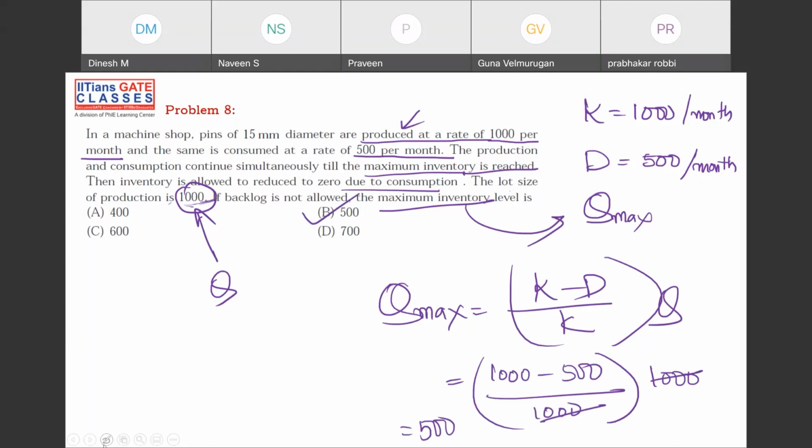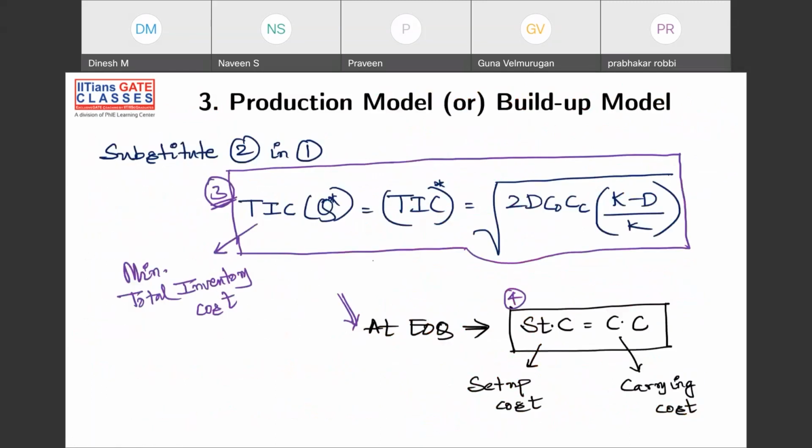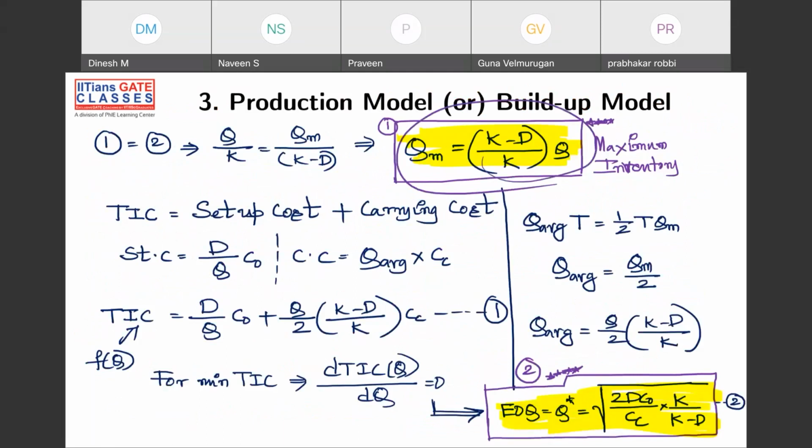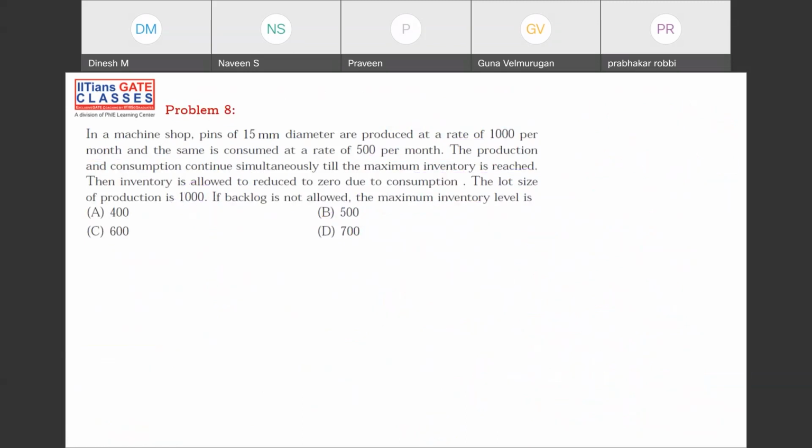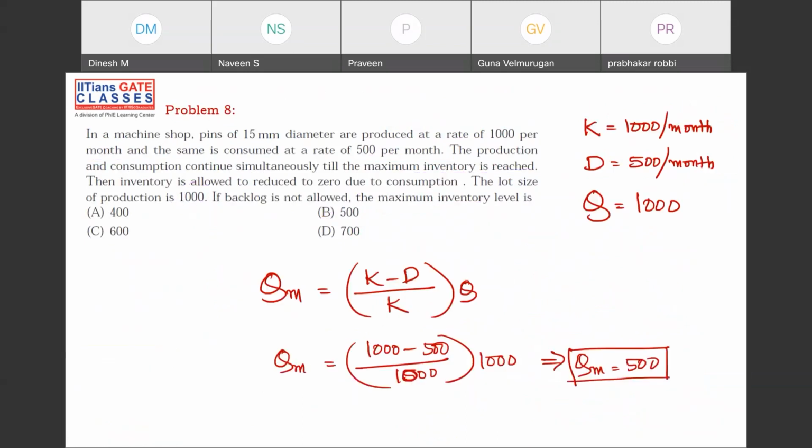Simple question. Where did we see this formula? In the previous slide. This was the formula, and this is the solution.